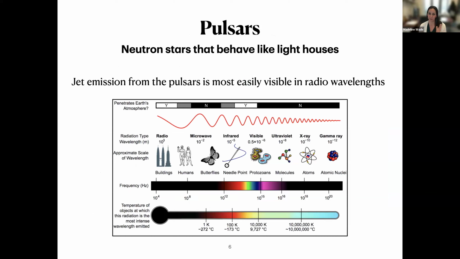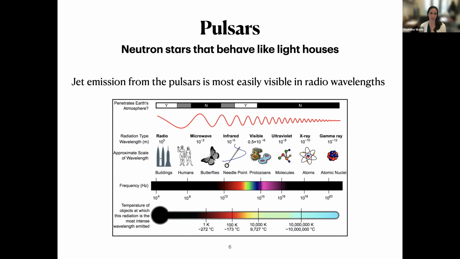Pulsars, the emission from the jets that can sweep past you if it's beamed at you, is most strongly emitted in radio wavelengths. So you all are familiar with light because you all have eyes. You've interacted with the world of light before. What we're interacting with when we see things is visible light, which is just a tiny portion of the electromagnetic spectrum.